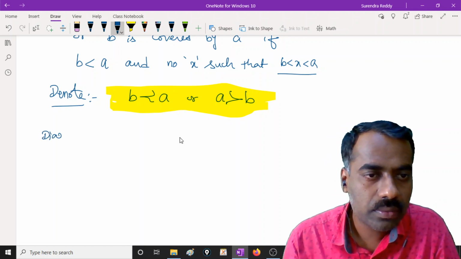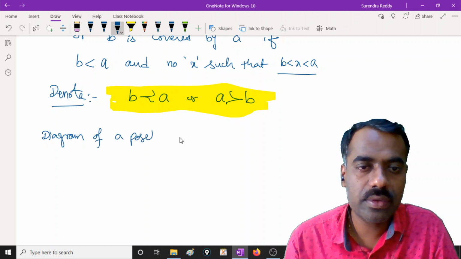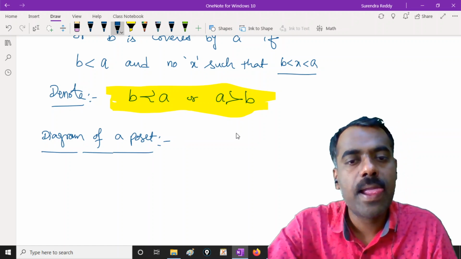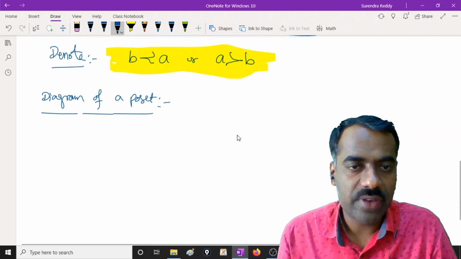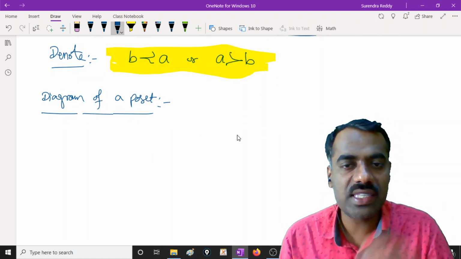So, the diagram of a poset. You can represent a diagram for a poset, not just only a lattice. So take elements from that poset, then you represent the elements with circles.